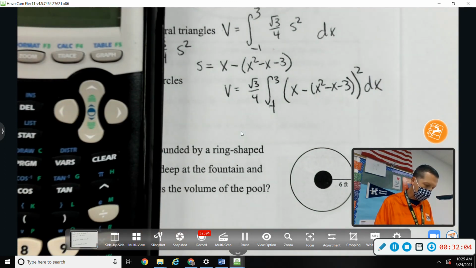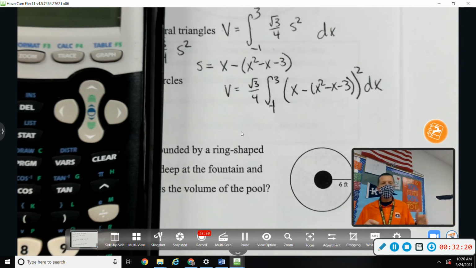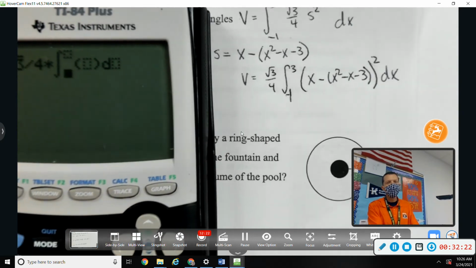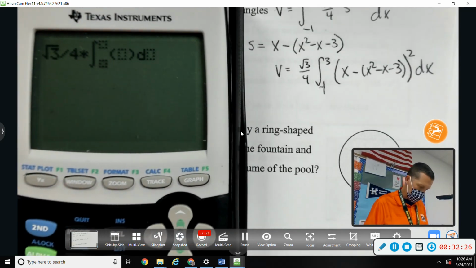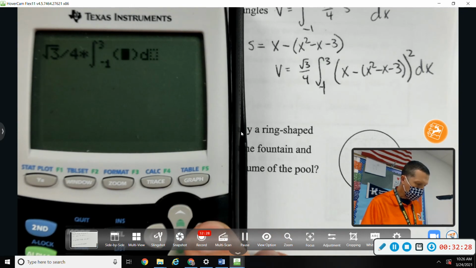Math 9. I'm going to put the root 3 over 4 out front so I don't forget it. But if that annoys you, you can put it in later, although, again, you already saw me forget it once today, so that's why I'm putting it in at the beginning. -1 to 3, x minus.